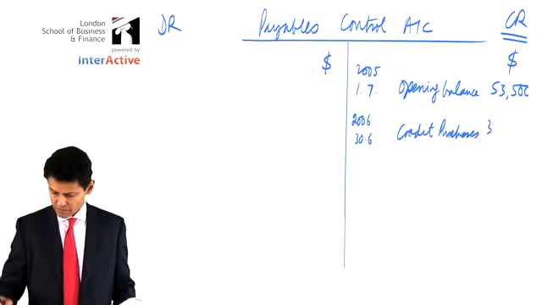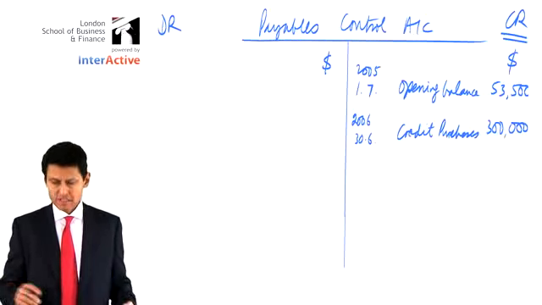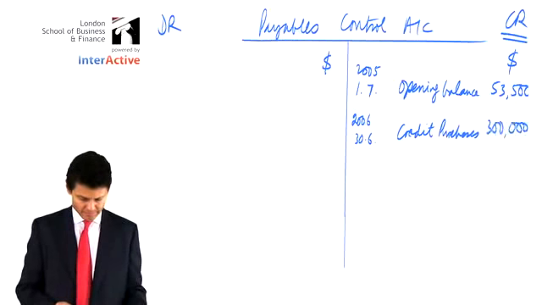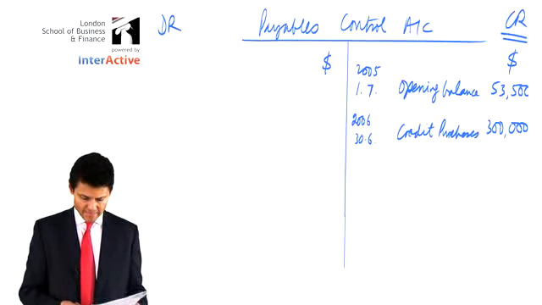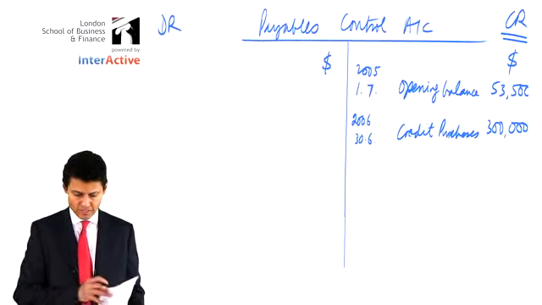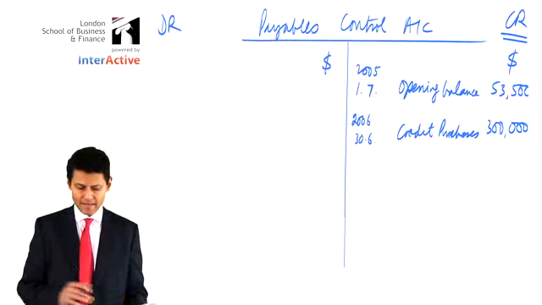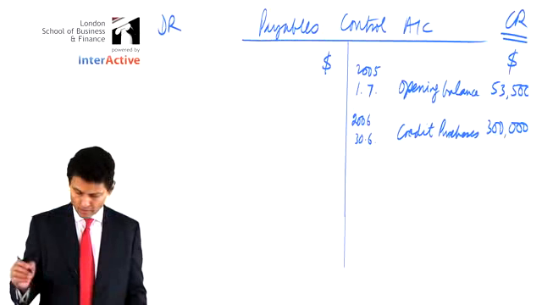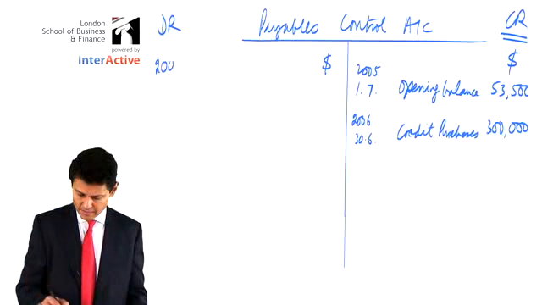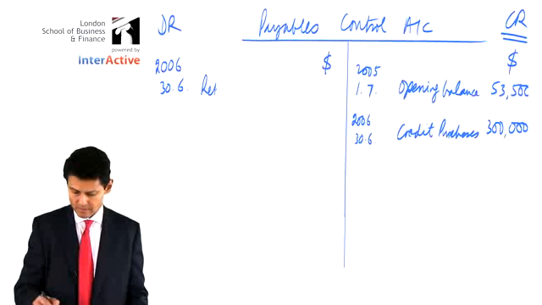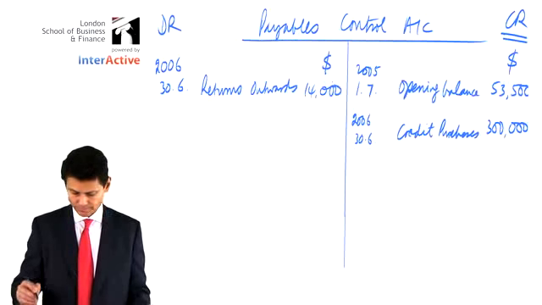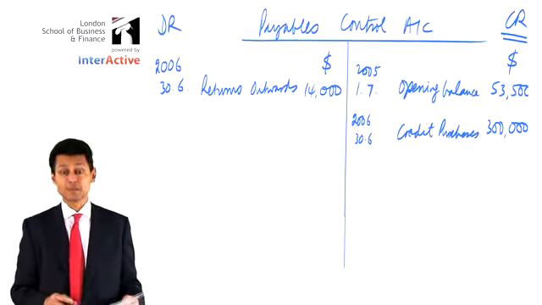Purchases on credit, 300,000. Tick it off. Next item. There's another PCA coming up a bit lower down. This time it's returns outwards of 14,000. So that becomes my next concern. All these are 2006, 30th of June, returns outwards, and that's 14,000. Tick it off, you've dealt with it.